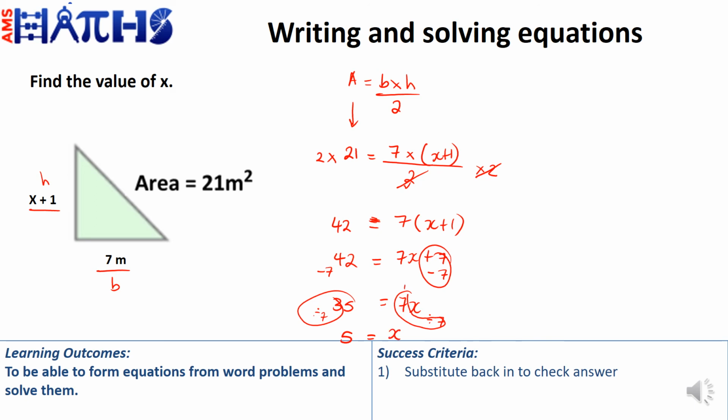So therefore x is equal to 5. Right, so that's how we do that sort of question. It's just substituting and then solving our equation that we are left with.